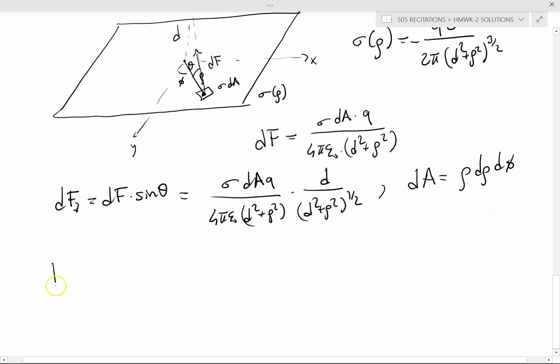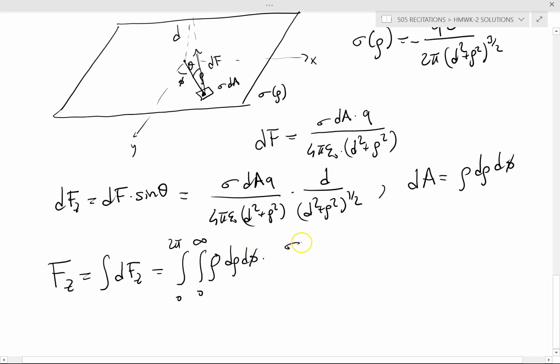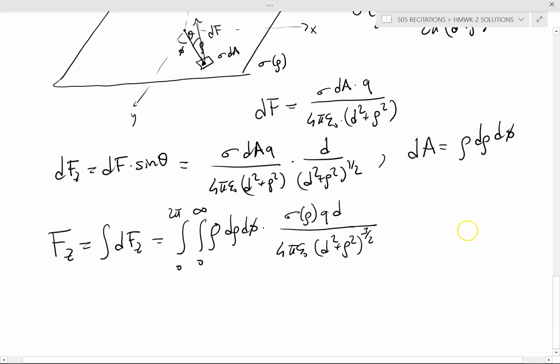Hence the total Fz, which is a summation over dFz, is the integral from 0 to 2π and 0 to infinity of rho d phi multiplied by sigma rho q d divided by 4πε0 (d² + ρ²) to the power of 3/2.